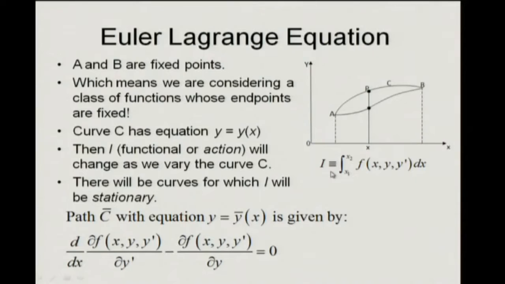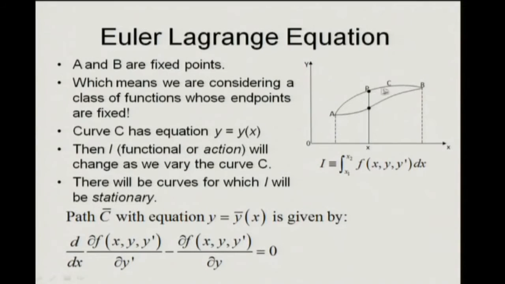Okay. In this case, we are more used to finding a stationary value at a point. This is a stationary value of an integral over an interval, an integral of which kind, where the endpoints are fixed, A and B. Okay.